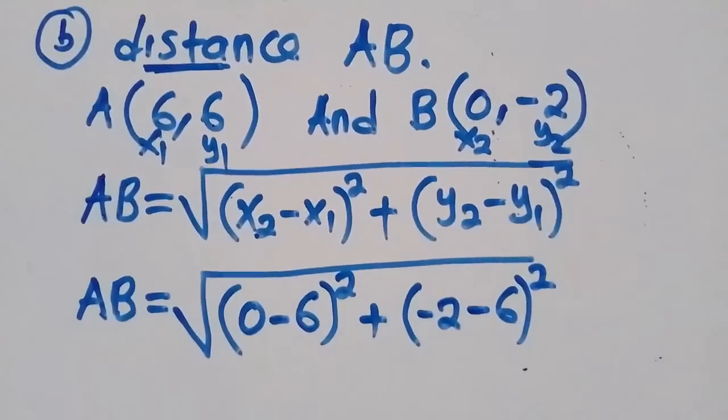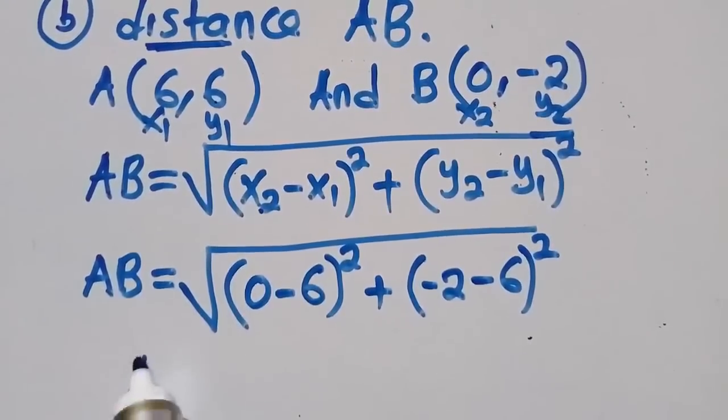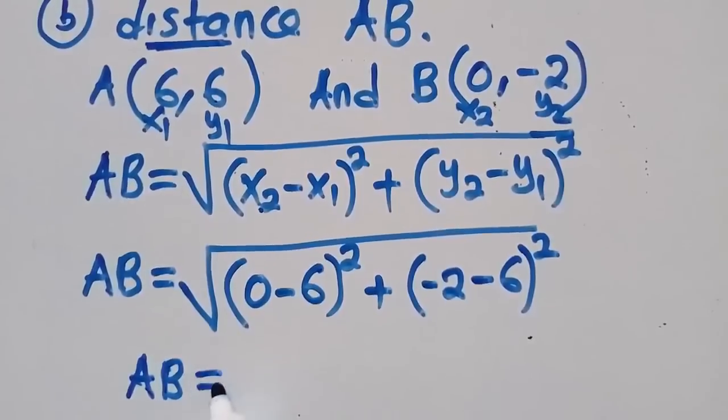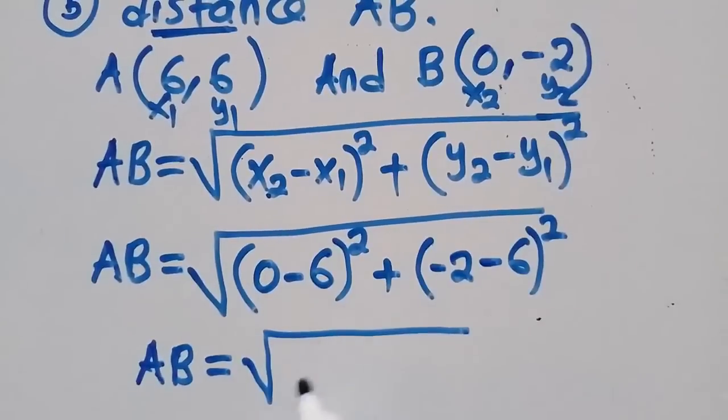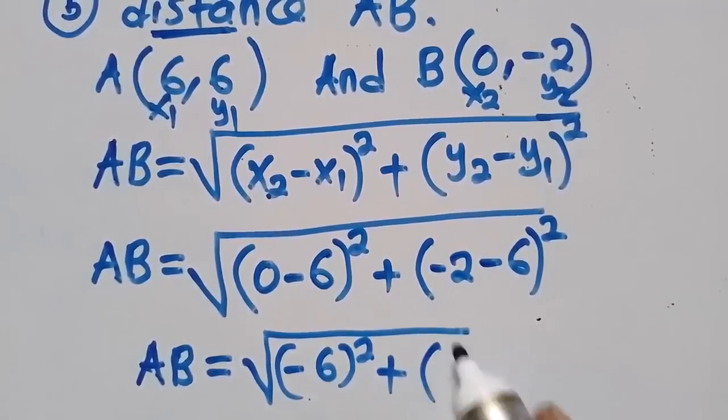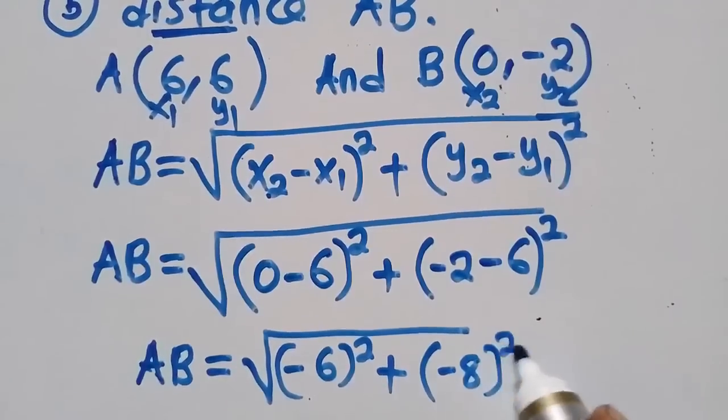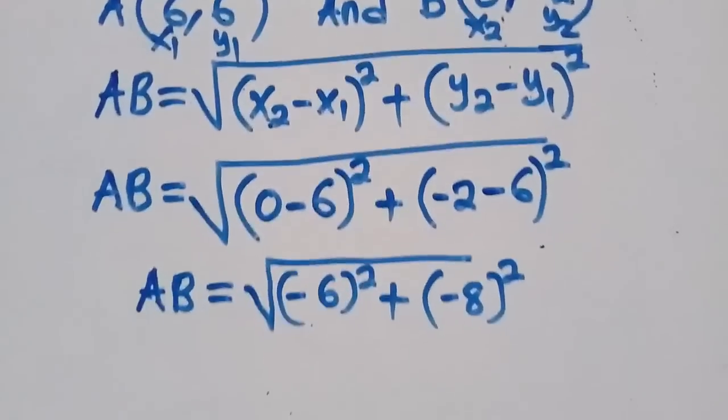This is what you are going to do. From here, AB is equal to the square root of -6 squared plus -8 squared.